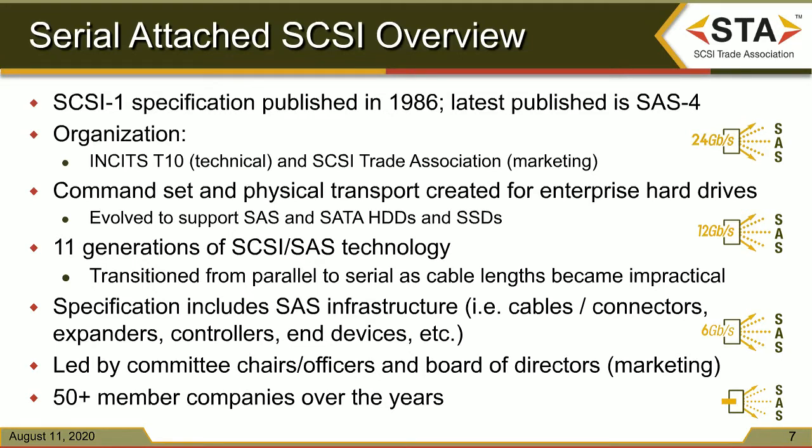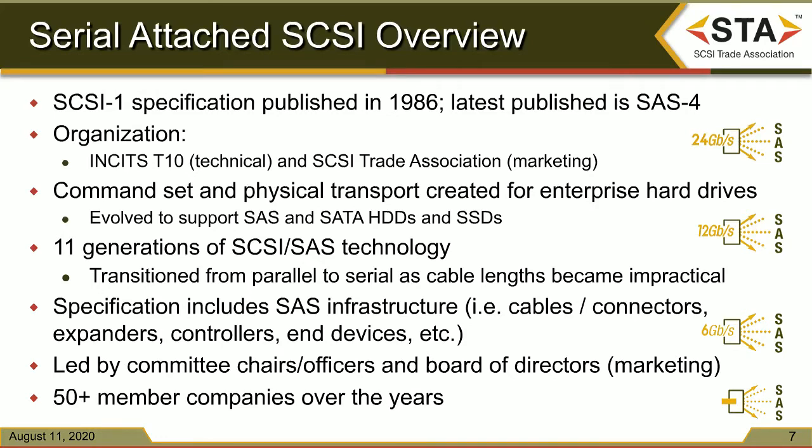Here's a quick look at the SAS roadmap. The SAS roadmap consists of a set of specifications that cover the physical layer, protocol layer, and SCSI command layer. Although these are developed by distinct groups within the T10, they commonly align to generational releases like 12 gigabit per second SAS and 24 gig SAS. Most people are familiar with the physical layer specification names of SAS-2, SAS-3, SAS-4, and so on.